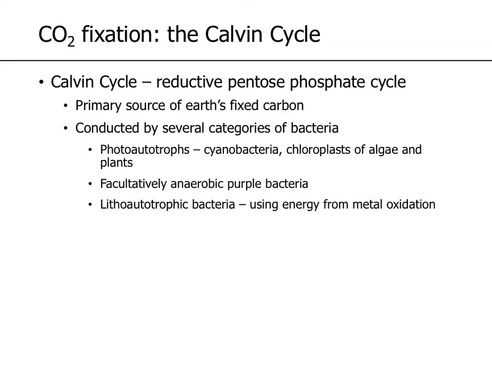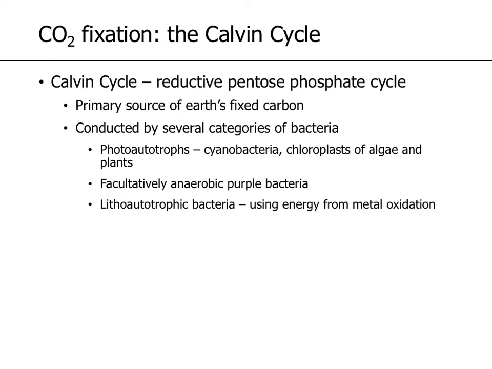All right, so the main one that we're going to go through is CO2 fixation in the Calvin cycle. You've probably heard of the Calvin cycle before in your other classes, but the Calvin cycle is also known as the reductive pentose phosphate cycle. This is the primary source of Earth's fixed carbon.